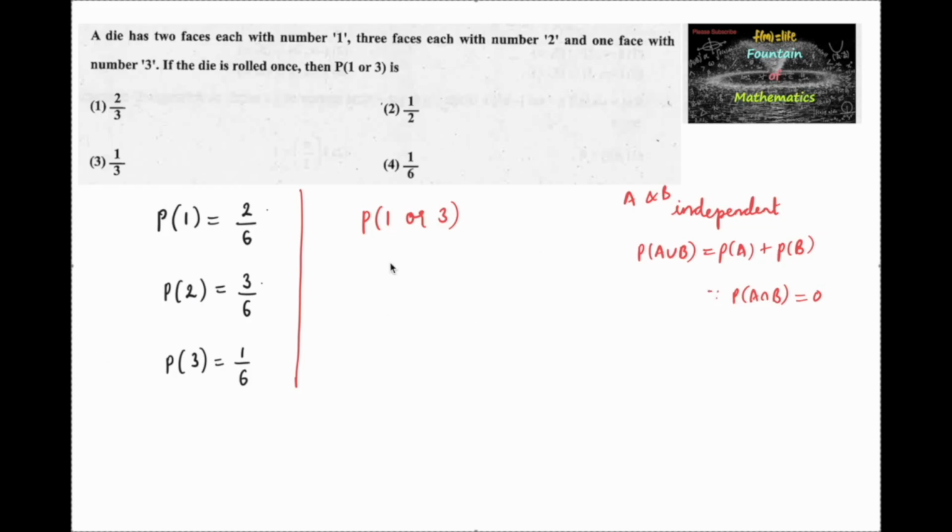So here we can write P of 1 or 3 is equal to P of 1 plus P of 3. P of 1 is 2 by 6 and P of 3 is 1 by 6, which is 3 of 6, which is equal to 1 by 2. So we can go with option 2.